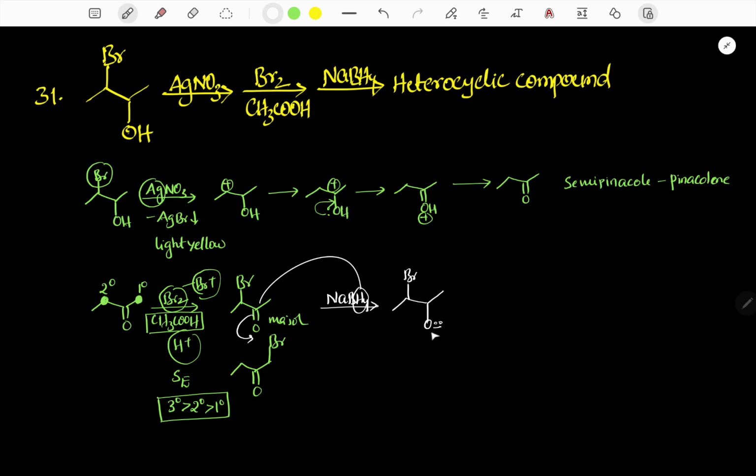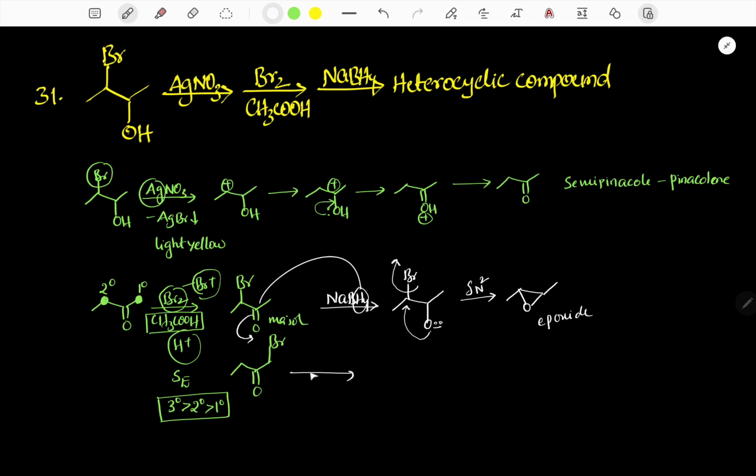If acidification is not added, one more possibility is intramolecular SN2, and we can also compare it with Williamson ether synthesis. So finally we get epoxide.